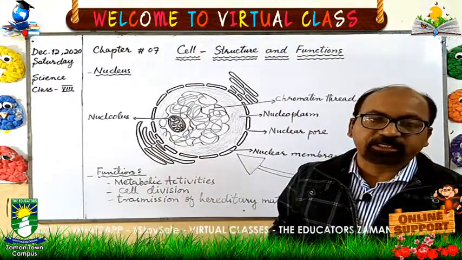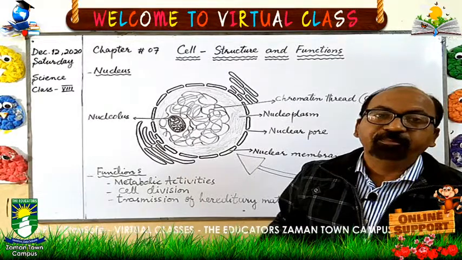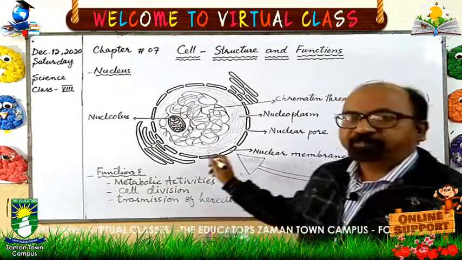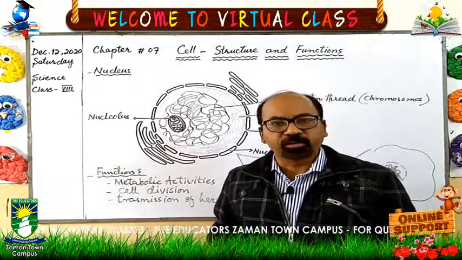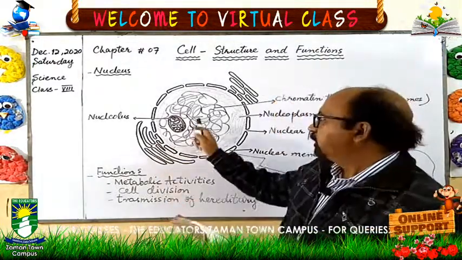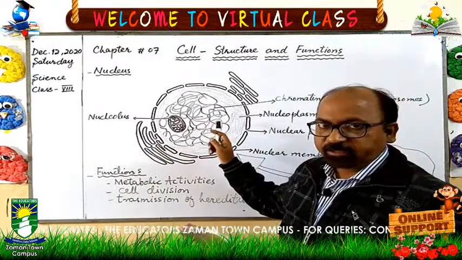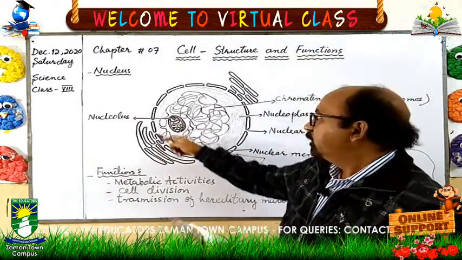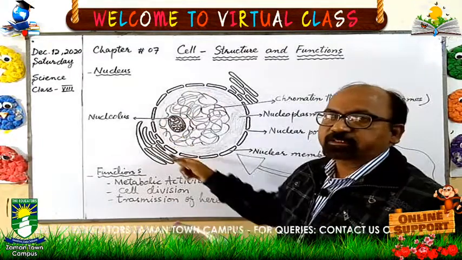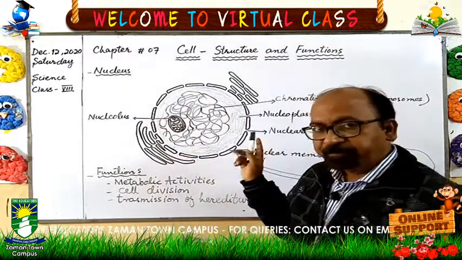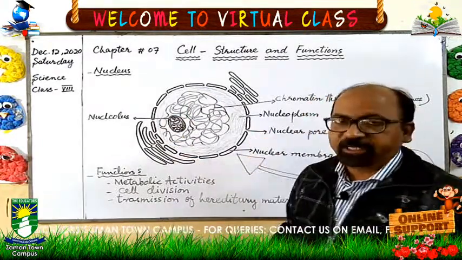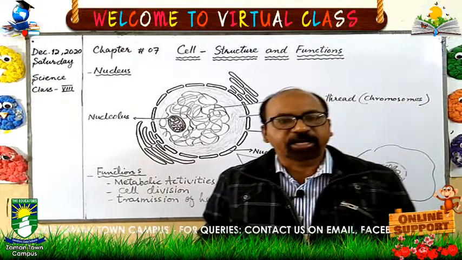Meaning all the cells which do not have a true nucleus, because if there is no nuclear membrane, it is not called a true nucleus. Although thread-like structures like chromosomes are present, they are not enclosed in a layer. Such cells are called prokaryotic cells.